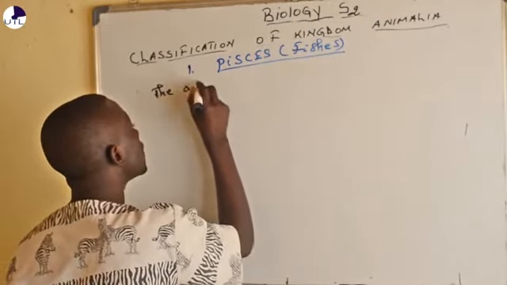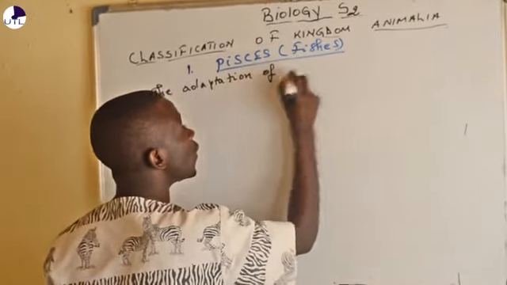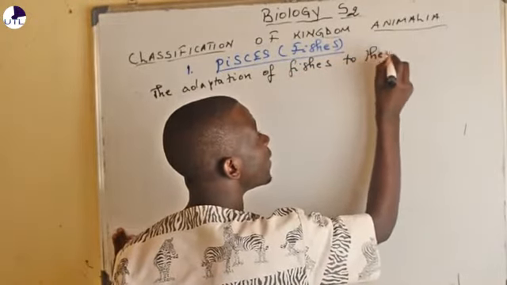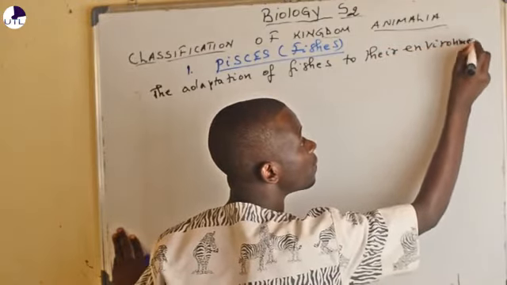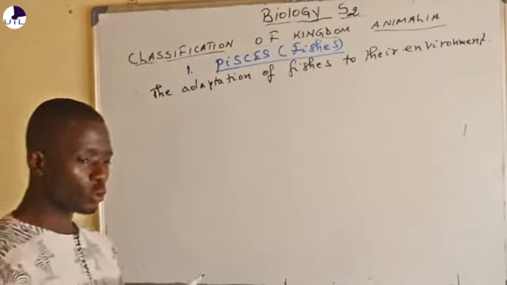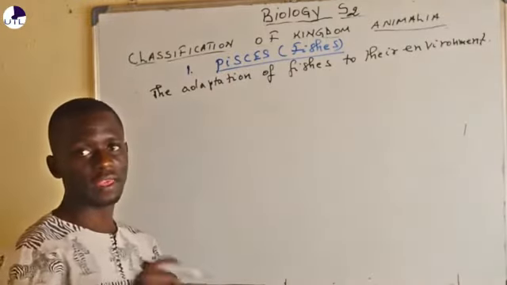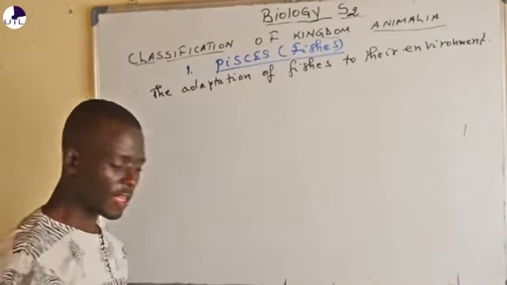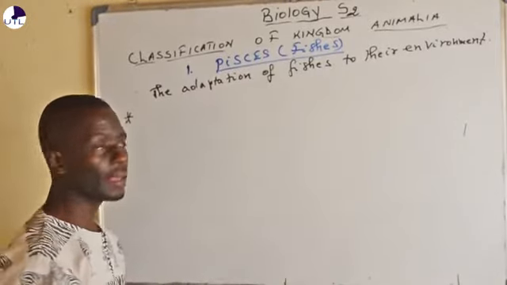The adaptation of fishes to their environment. How do the fishes adapt? How do they live in harsh conditions in water all their lives? They have key features which help them adapt in the water environment.